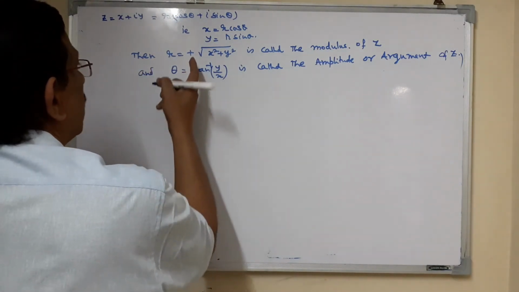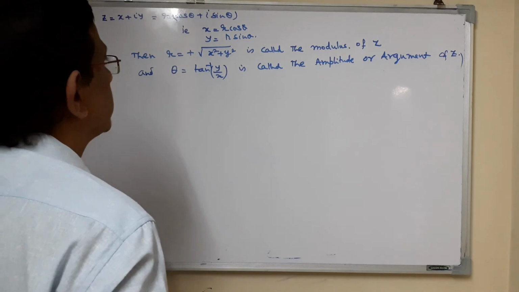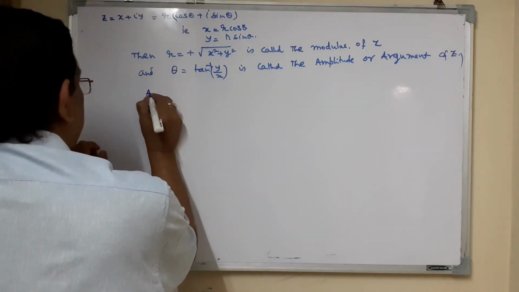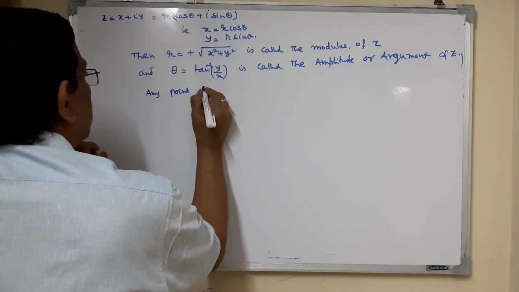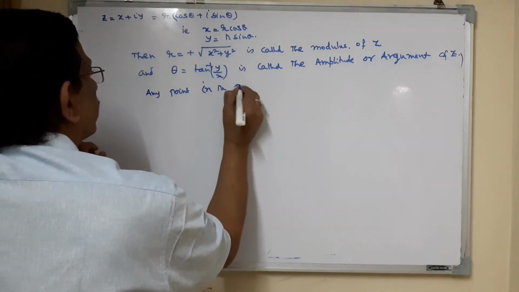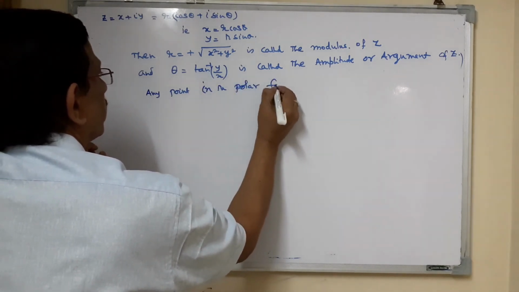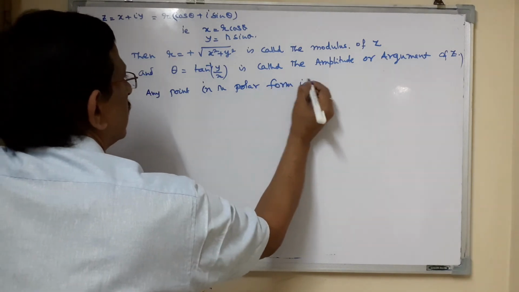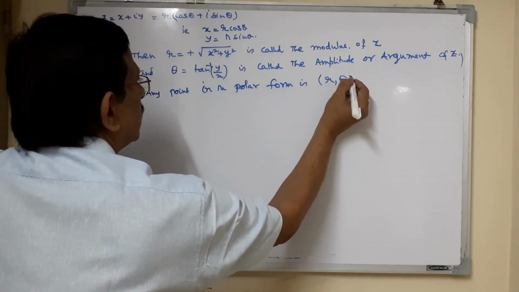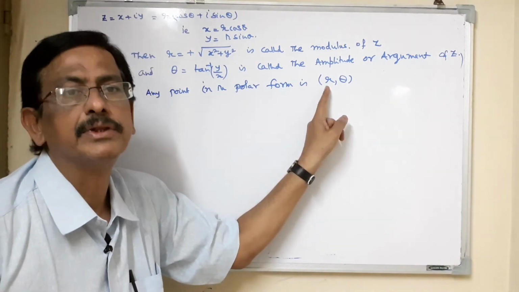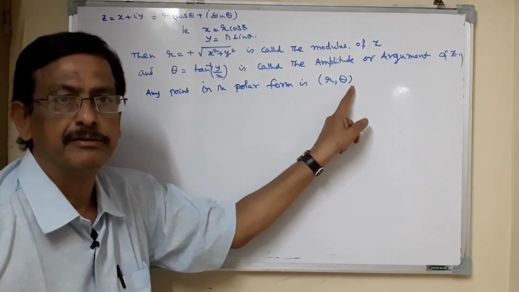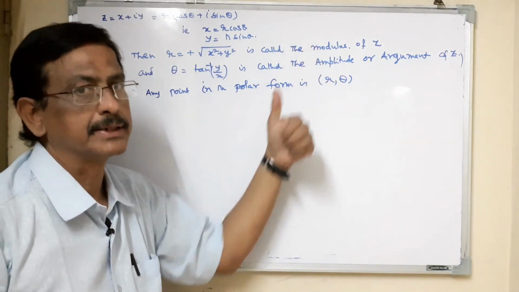Now after looking at r and theta, any point in the polar form is r comma theta. r comma theta means r is root x square plus y square with plus, theta is tan inverse y by x, provided x equal to r cos theta, y equal to r sin theta.